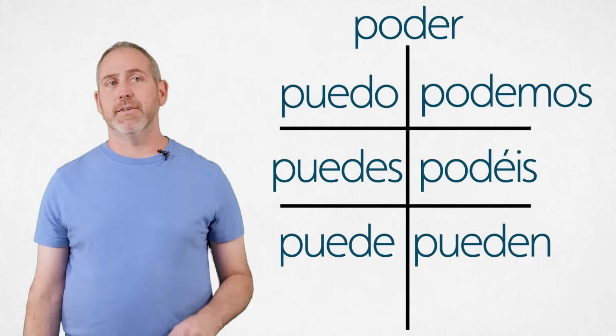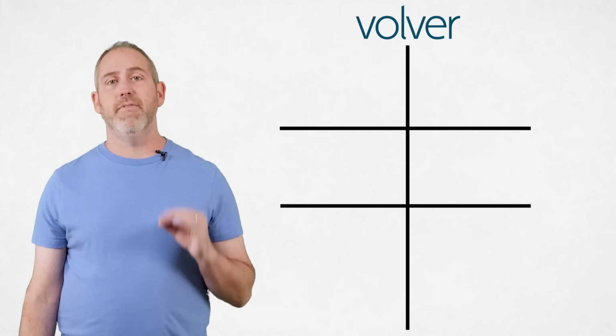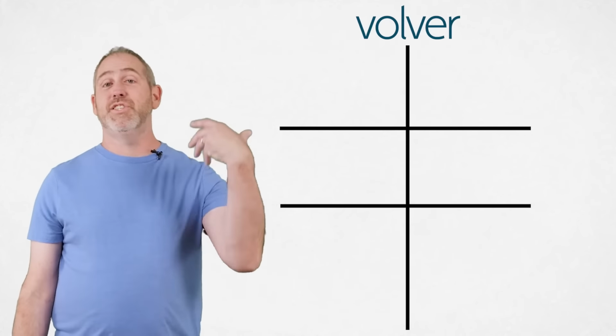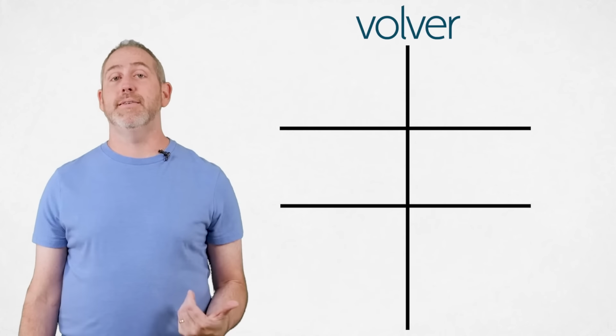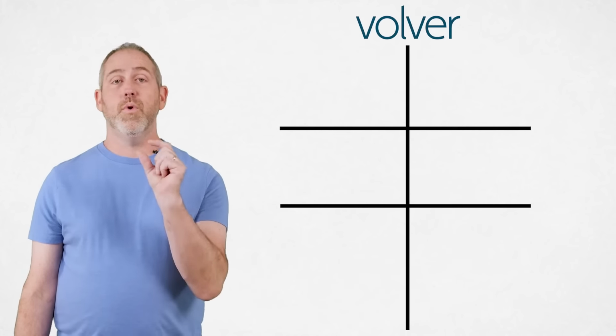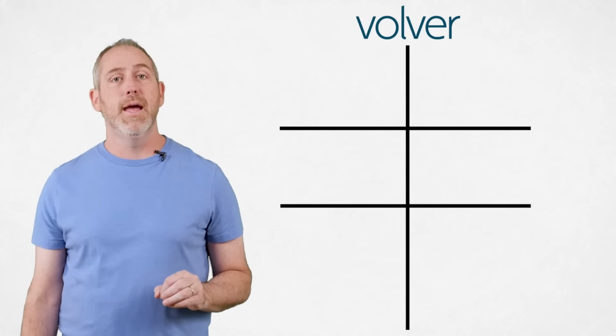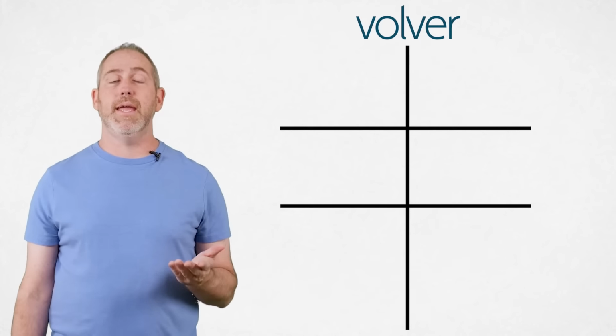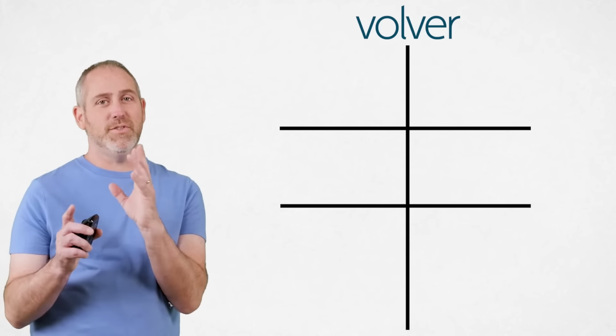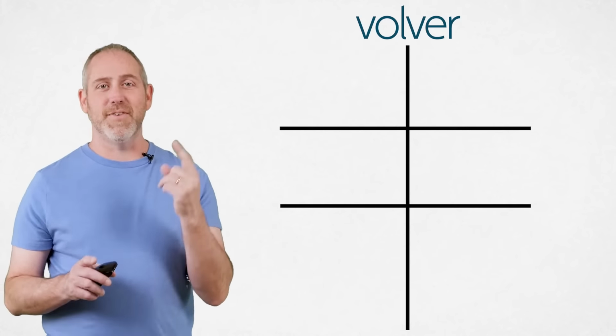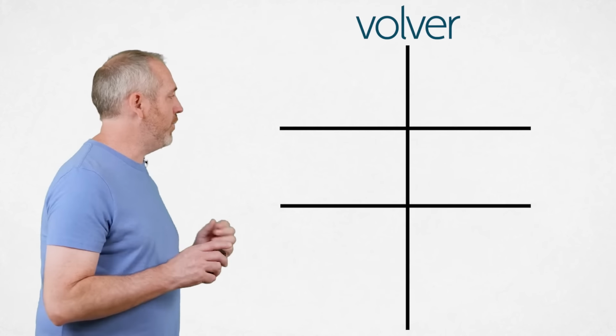Now let's look at volver. We talked about volver a while ago. Again, this is just another two-syllable practice. So we've got an O where that stem change occurs. That O is going to completely go away and it's going to become a UE. I see students a lot of times confuse these letters and leave out an L or whatever, but really we just replace that.